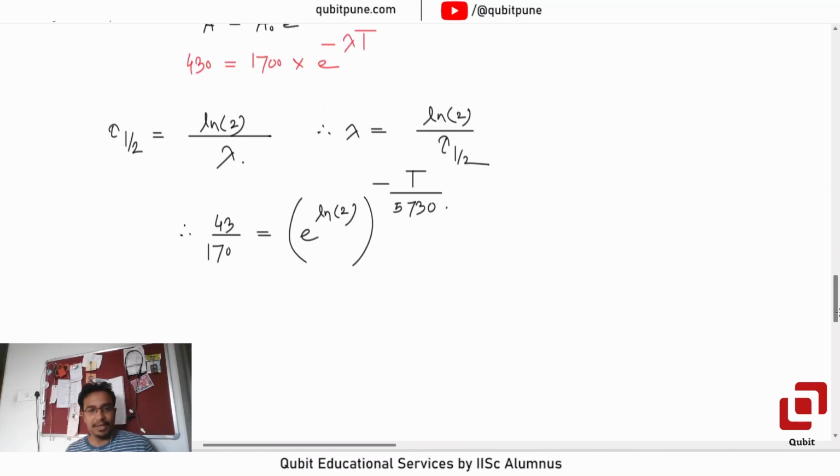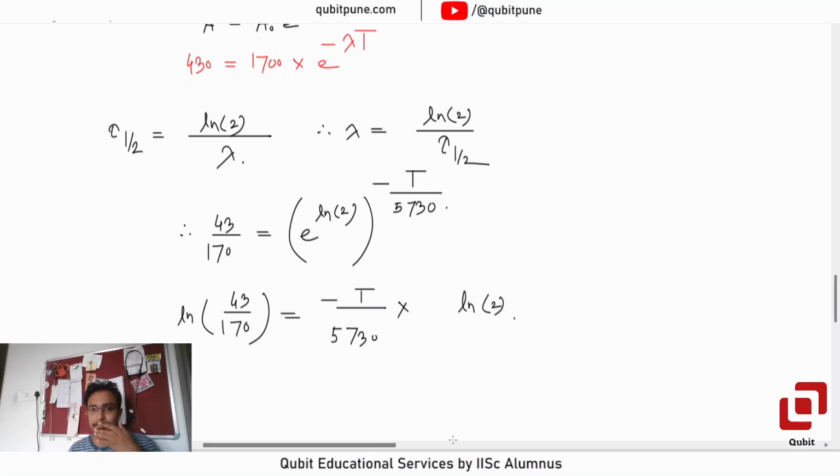Now we can take log here. So it will be ln 43 upon 170. So how much would this be? Negative t upon 5730 into ln2. Cool.